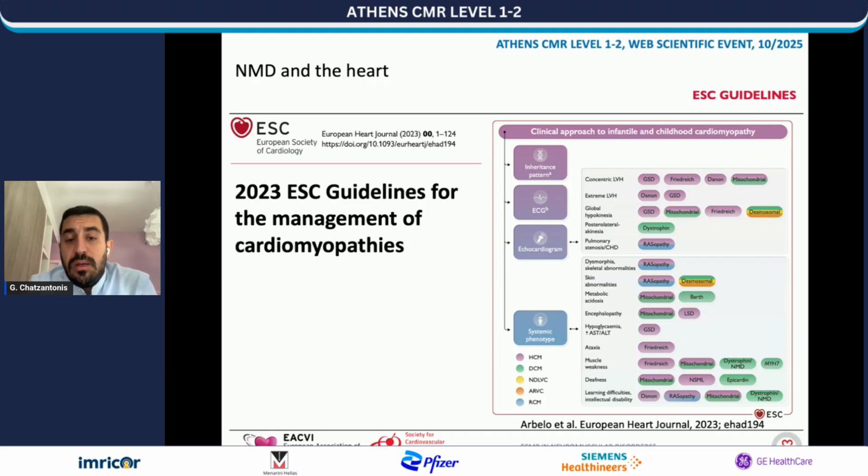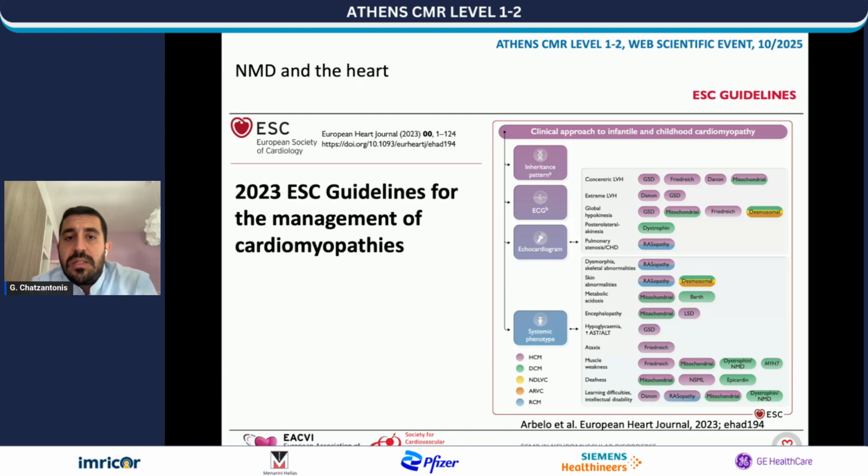ECG is the first line in our diagnostic workup, and echocardiography could show a concentric left ventricular hypertrophy, as in Friedreich's ataxia, or a really extreme one, as in Danon disease, global hypokinesia, typically in desmosomal cardiomyopathies, or akinesia in dystrophin diseases, pulmonary diseases in neuropathies, and many others.